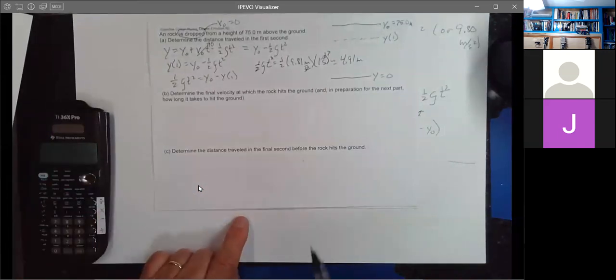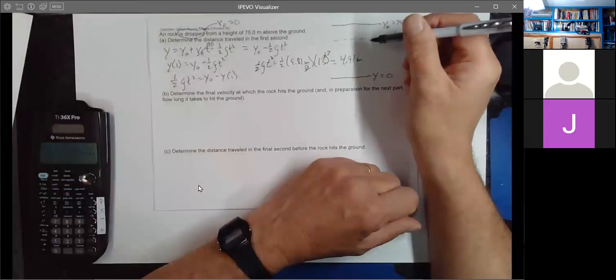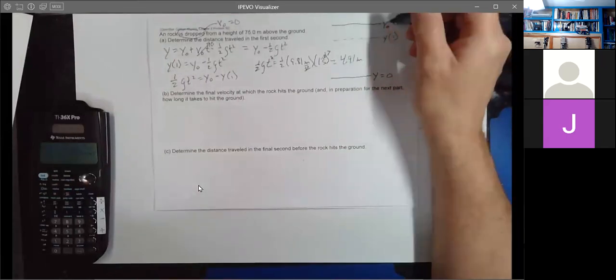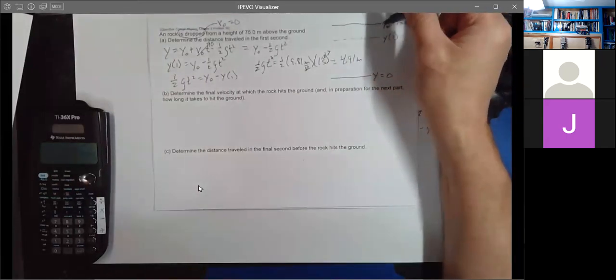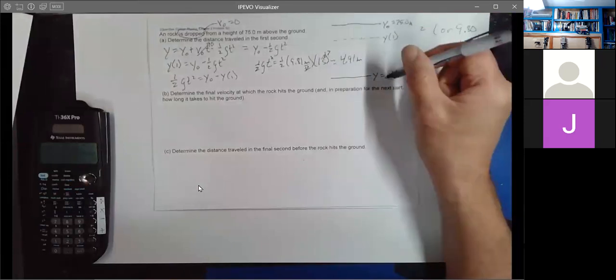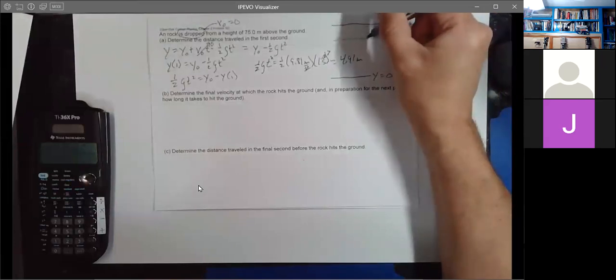Another way that you could get that, and this is almost easier, you could start off with y naught equaling 0 here. y at the end is the 75 meters, and you can say downward is positive.